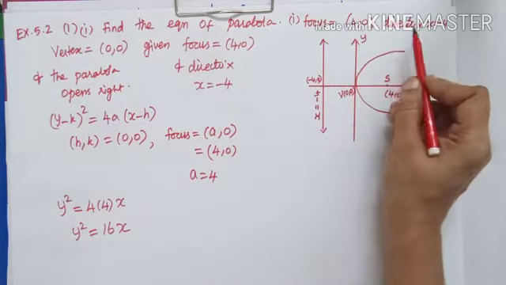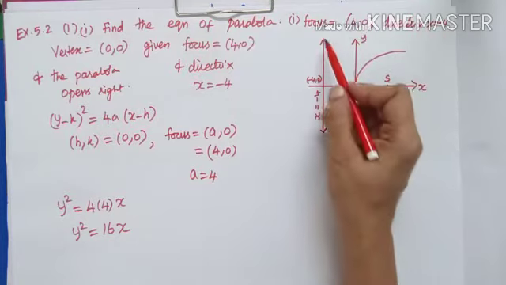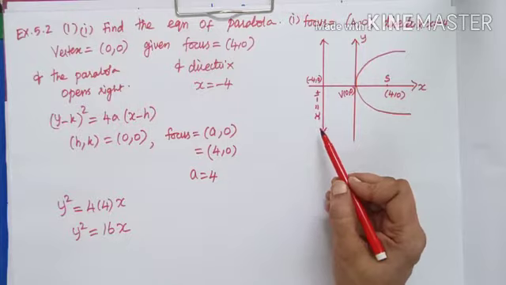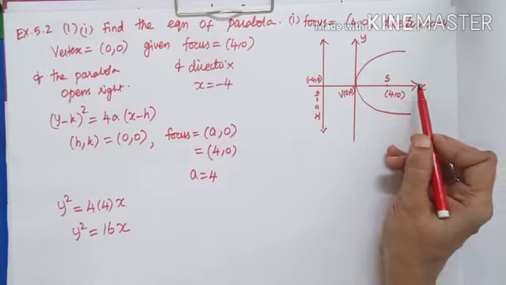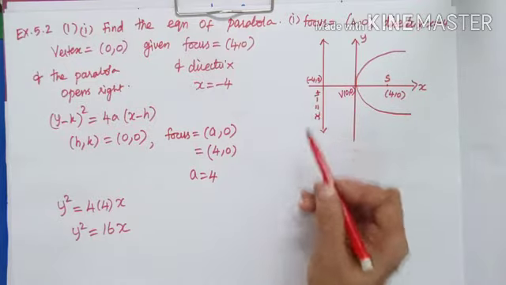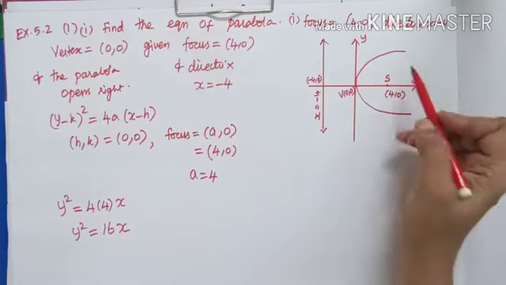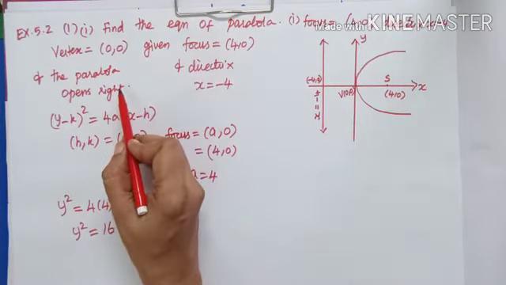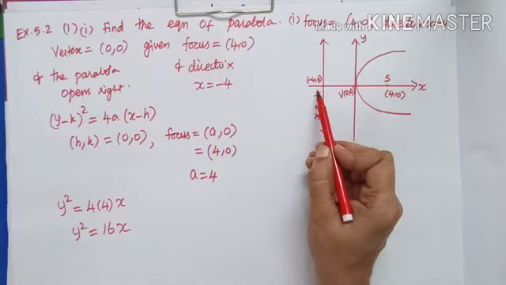As I read the two conditions, try to plot them: (4, 0) and directrix x equals -4. We know the curve will go towards the focus and away from the directrix. So the directrix is here, and the curve must go that way. So I am able to find out it opens right. And the vertex is in the middle of the focus and directrix.